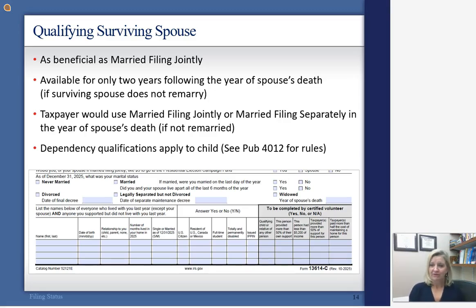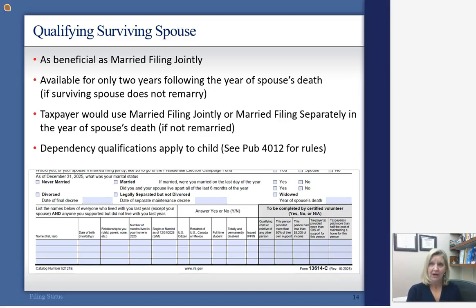Finally, qualifying surviving spouse. So I did talk about if you have a taxpayer whose spouse died during 2025, for year 2025, they can still file as married filing jointly. However, for the following 2 years, if you have a taxpayer whose spouse died in 2025 and they did not remarry, in 2025 they are going to file married filing jointly.